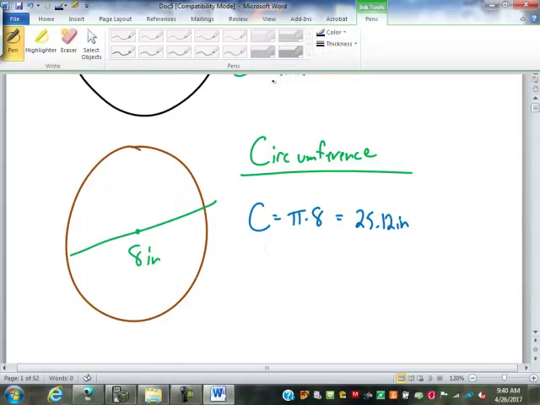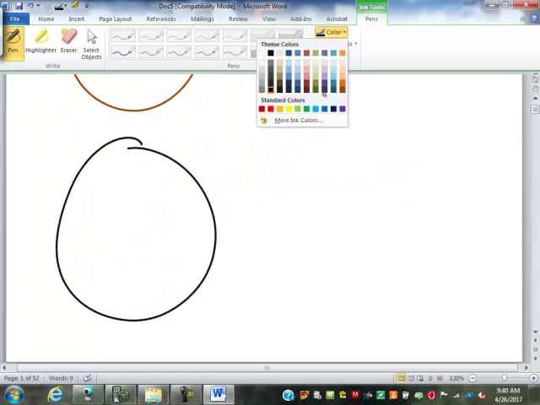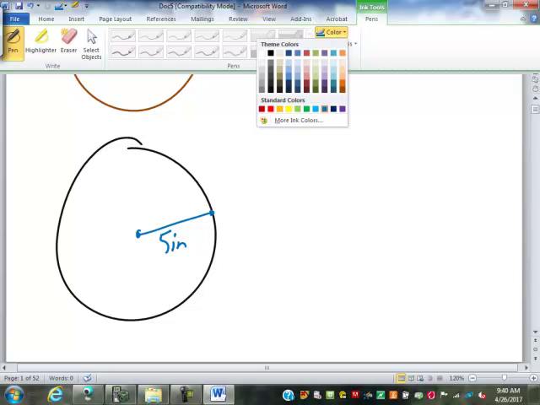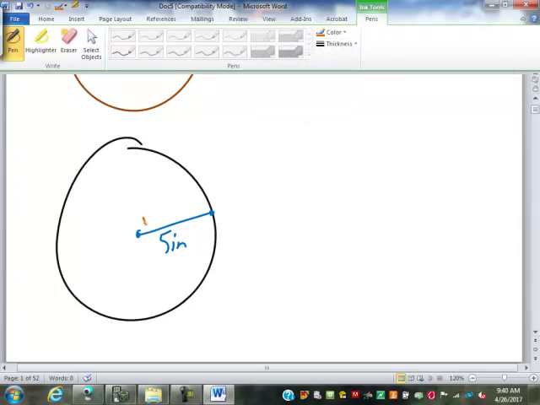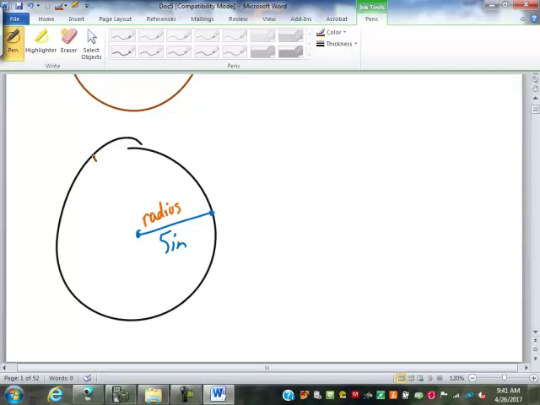If I have a circle that looks like this, and I tell you that this here is 5 inches, what I gave you there is not a circumference. What's that called? That's called a radius. Sorry, it's not a diameter, it's a radius. We need the diameter. How do you find the diameter from the radius?